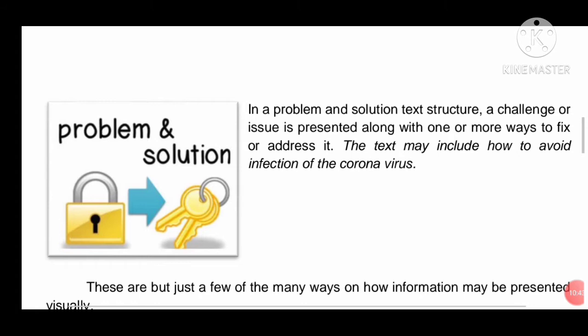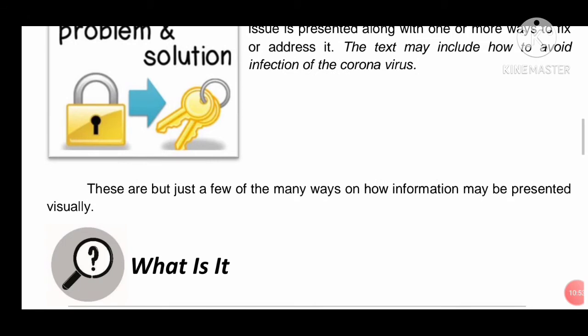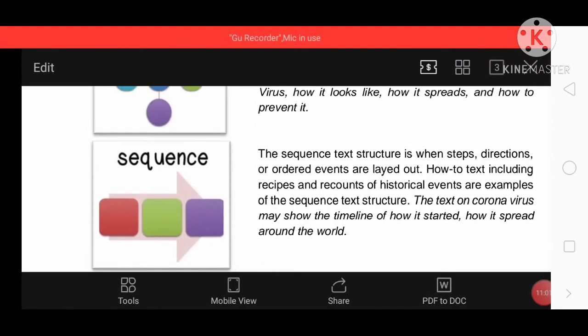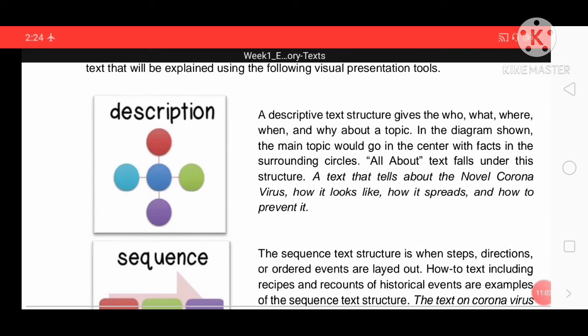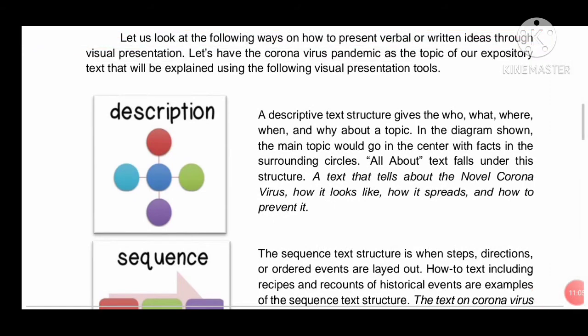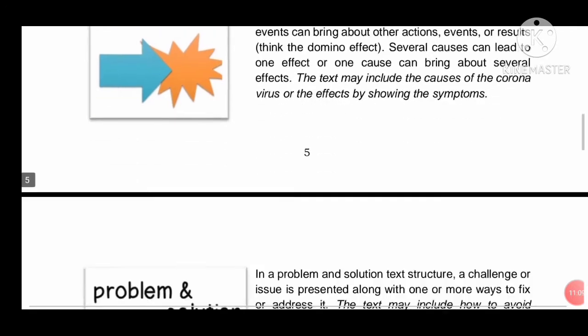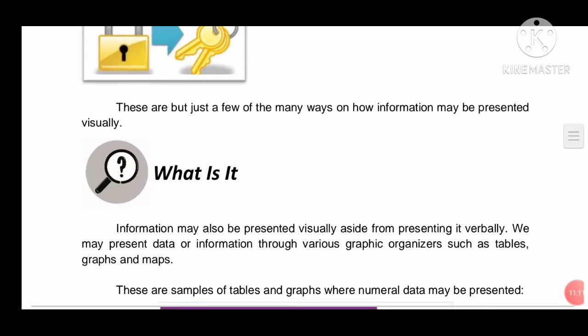So the text may include how to avoid the infection of the coronavirus by keeping our body clean, making our immune system strong, just like that. So these are but just a few of the many ways on how information may be presented. So again, before we proceed, let's recall the different structures: description, sequence, compare and contrast, cause and effect, and problem and solution.